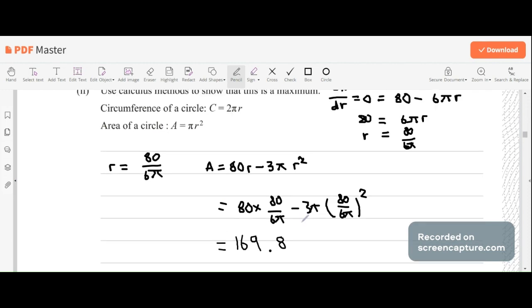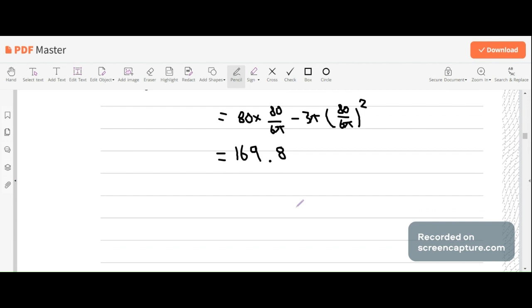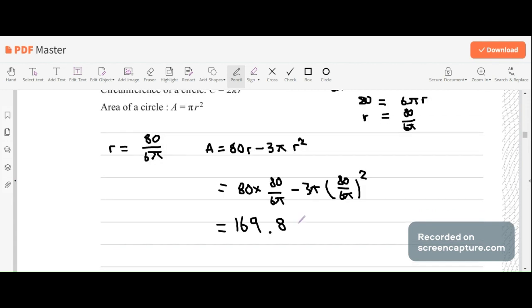And what's the units? Centimeters. So centimeters squared. So I believe that should be the answer.